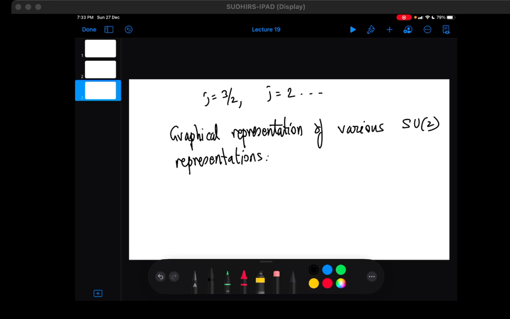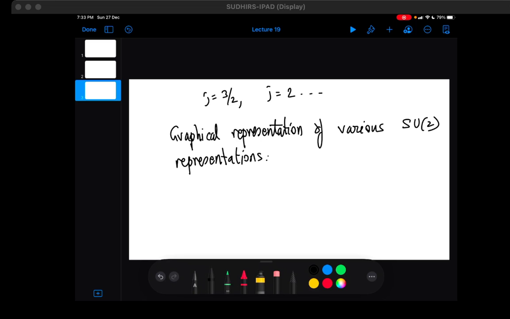So let's say, in the space of the diagonal generator, let's try to represent all possible representations in a systematic manner. Let's just take j equal to half, and if j is equal to half, m takes the value minus half, plus half. So let me write it this way.